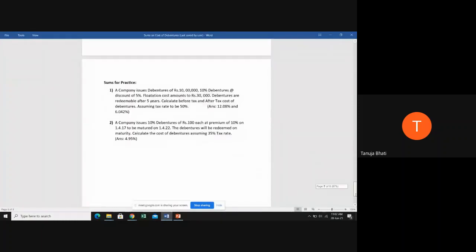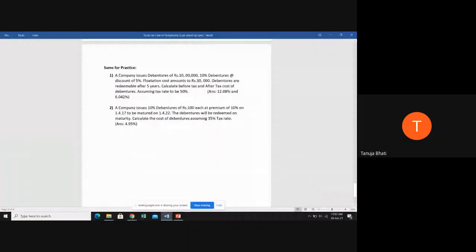Now, students, there are two more problems which I want to give you all for practice. The answers also I have written here, but the solution I want you all to solve in your notebooks. So just take a snap. If you are using your cell phones or laptops, just take a screenshot or a picture of this particular page, everyone. Everyone has taken?